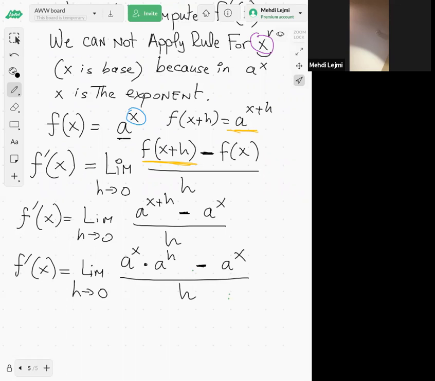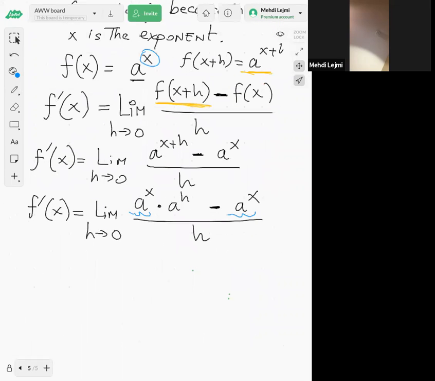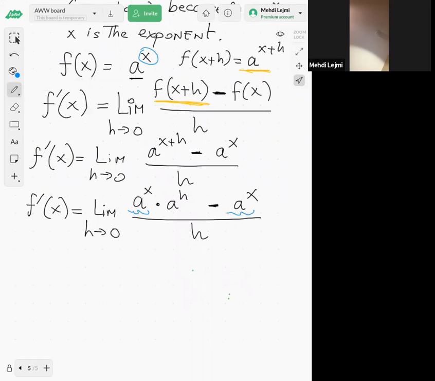Why did I write a to the x plus h as a to the x times a to the h? Because now you can see this a to the x as a common factor. So we can factor out this a to the x. So f prime of x is equal to a to the x, which doesn't depend on h, times the limit of a to the h minus 1, over h.